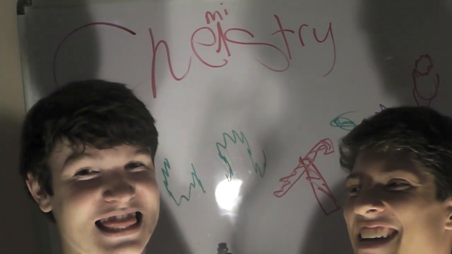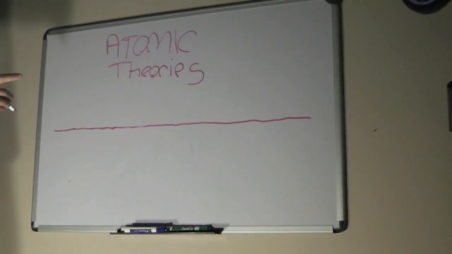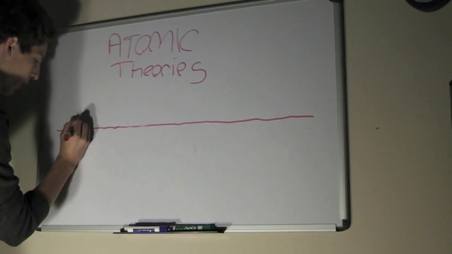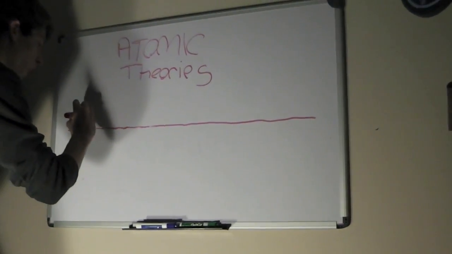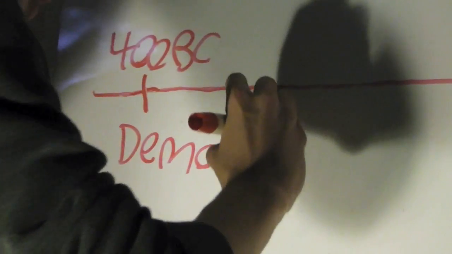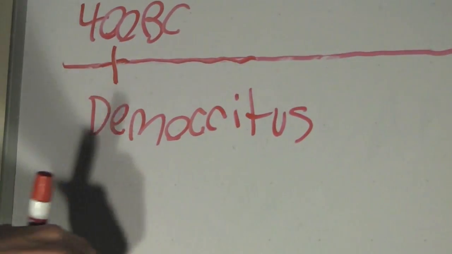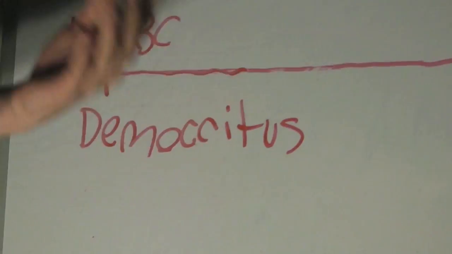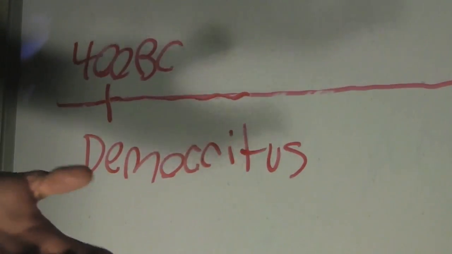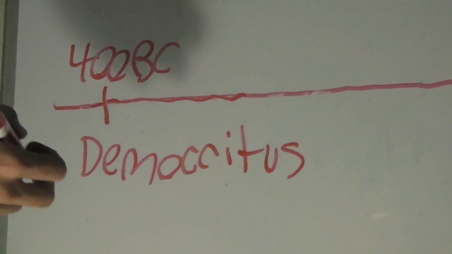The first atomic theory was thought of or proposed in 400 BC by the Greek philosopher Democritus, who saw wind blowing and moving things and assumed that because they were moving things, there must be some sort of small particle there.